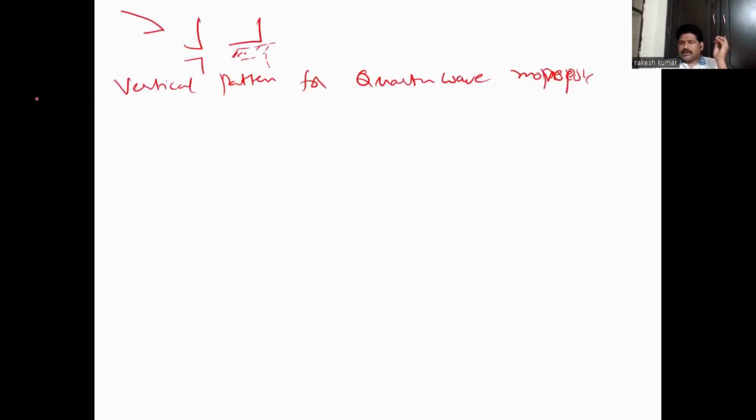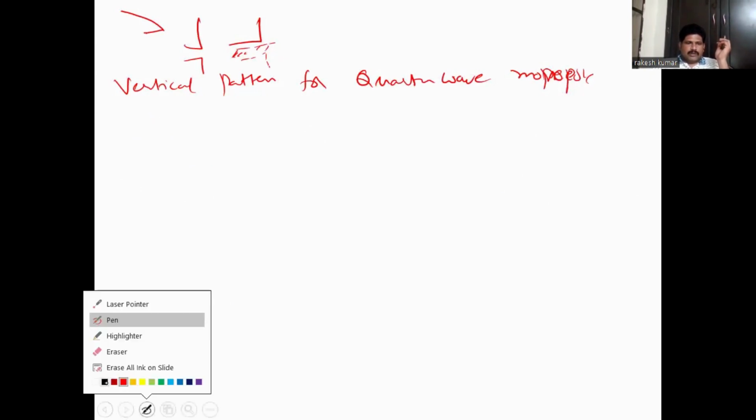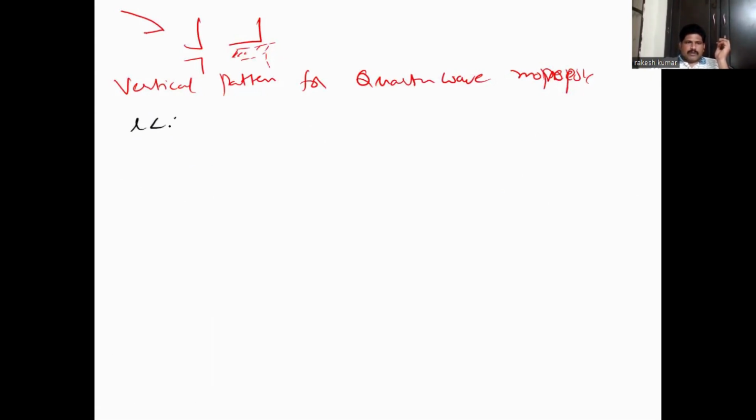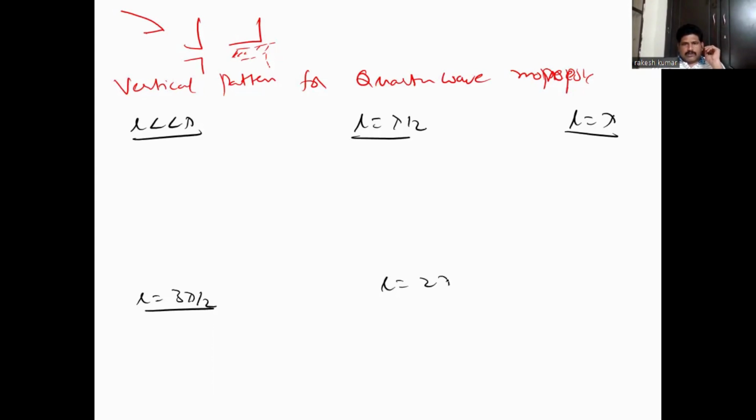Here, let us consider L less than lambda, L equal to lambda by 2, L equal to lambda, L equal to 3 lambda by 2, and L equal to 2 lambda.